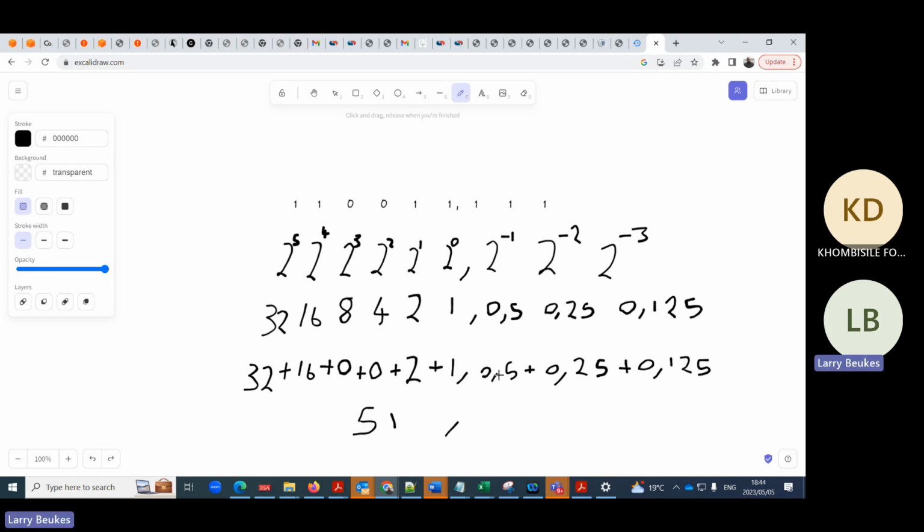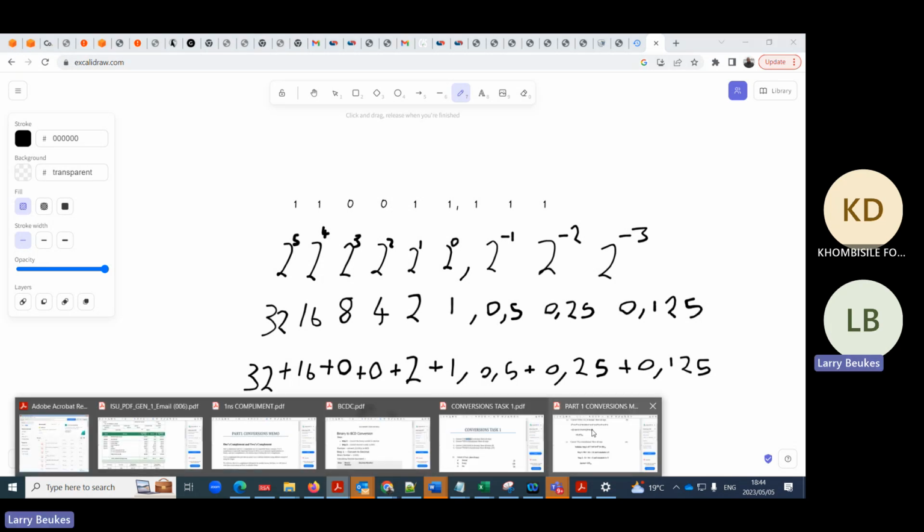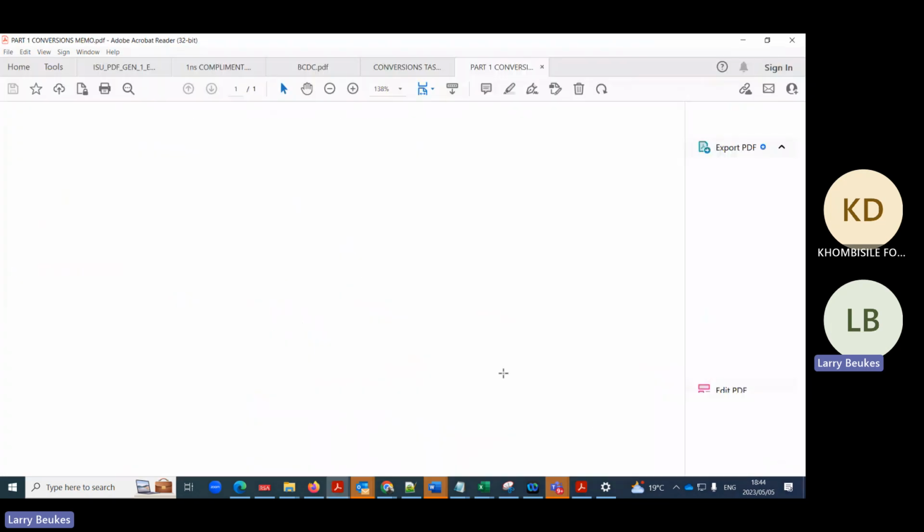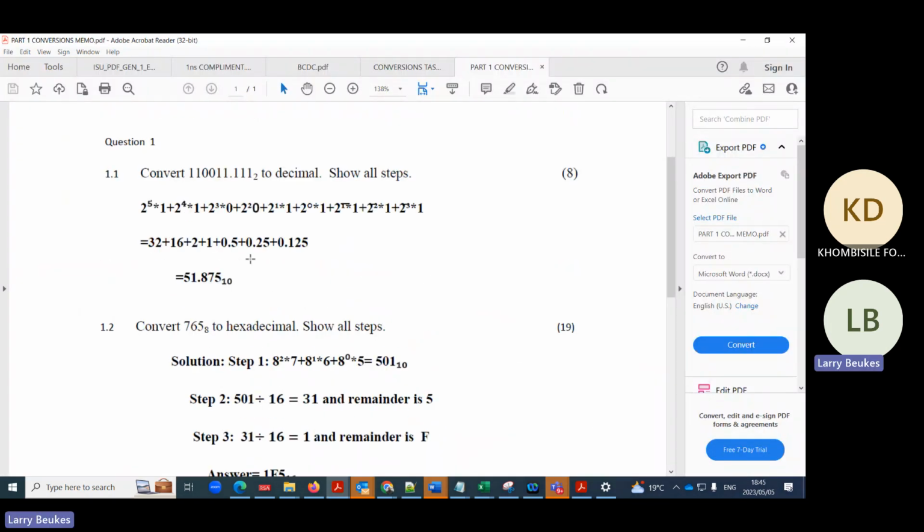So the answer will be 0.5, 0.25, 0.75 plus this. What's the answer? Let me just see with my calculator. Let me look at the memo. The memo says 0.875. Yes, 0.875.